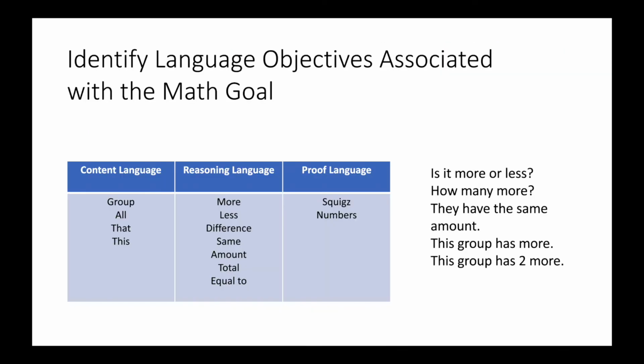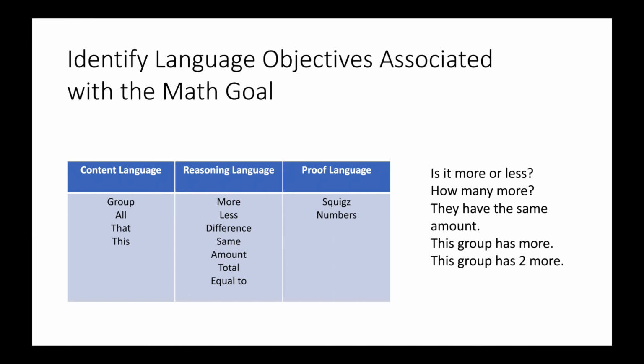But we can also go a little bit deeper, identifying some of that math language that's associated with the math goal. And we can use that idea from Alan Rosales when he talked about the three different kinds of categories of math language I mentioned earlier. So what could content language be for this type of activity? It could be words like group, all, that, and this.